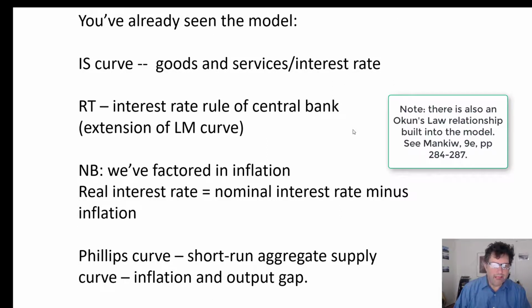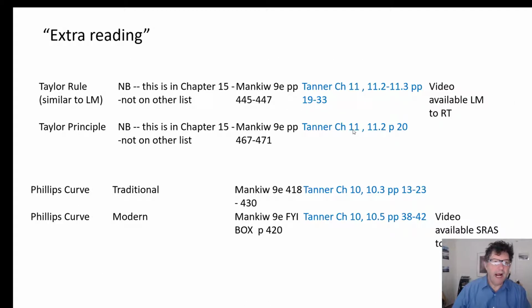We factored in inflation, so now we're looking at the real interest rate, which is the nominal interest rate minus inflation, and that means we have to have a Phillips curve, what we call a modern Phillips curve, which is the short-run aggregate supply curve, and that's the inflation function. Inflation is a function of the output gap and other factors.